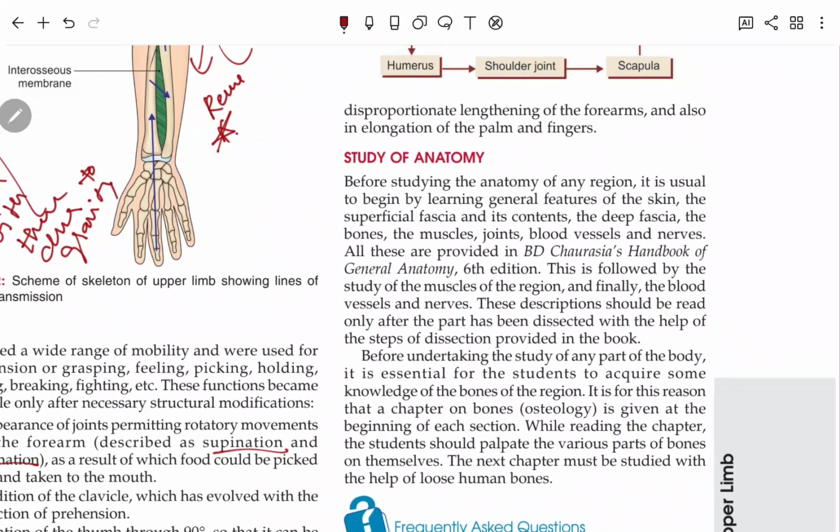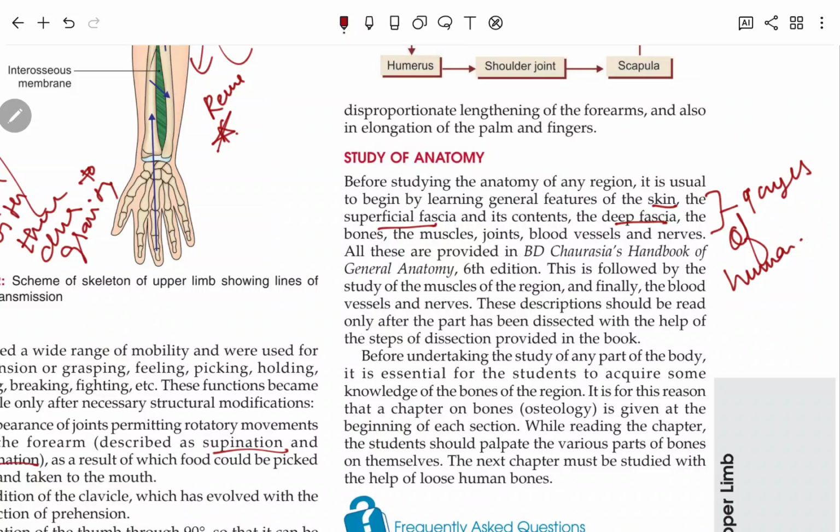Then study of anatomy. Before studying the anatomy of any region, it is usual to begin by learning general features of skin, superficial fascia and its contents, the deep fascia, bones, muscle, joint, blood vessel and nerve. So yeah, these are all the layers of human structure.